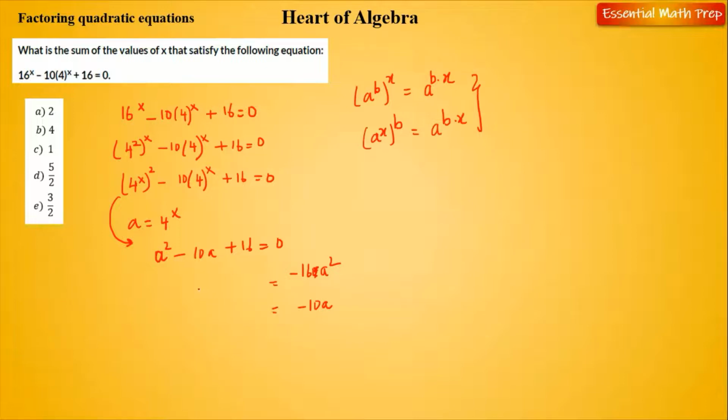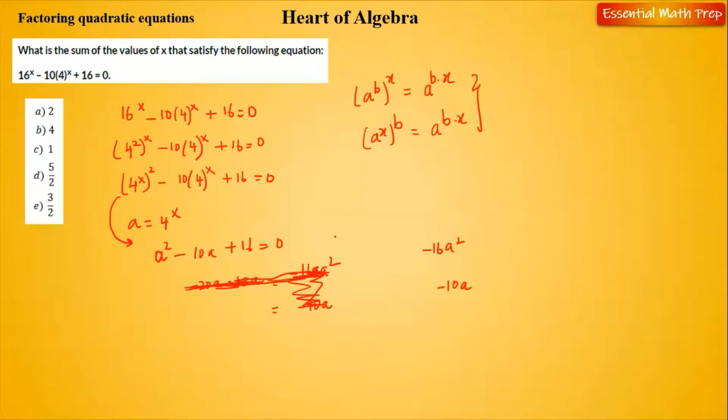Well, we can multiply negative 20a times plus 8a. Let me strike off everything and redo this whole thing, it's getting a little confusing here. All right, we want positive 16a squared and we want negative 10a.